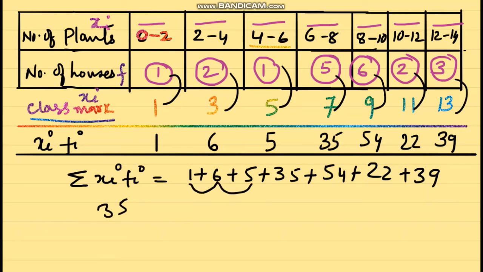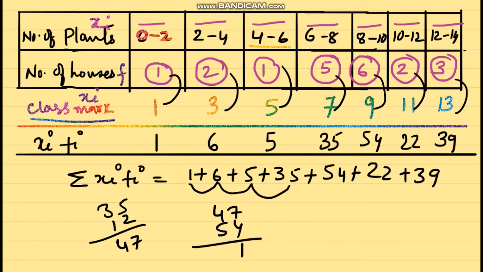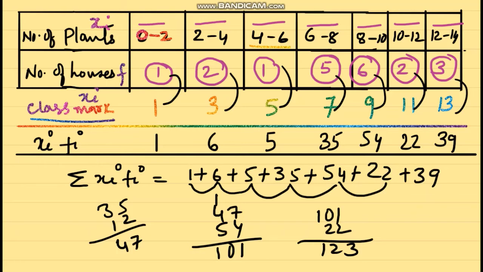Now 35 plus 12 is 47. Now 47 plus 54 is 101. So 101 plus 22 will give you 123 and 123 plus 39 is 162. So in total you are getting 162.